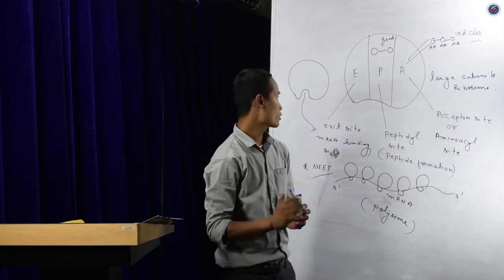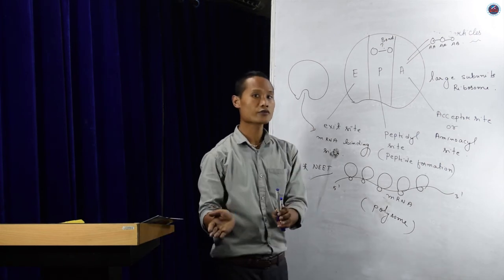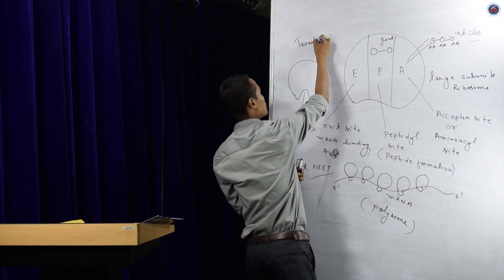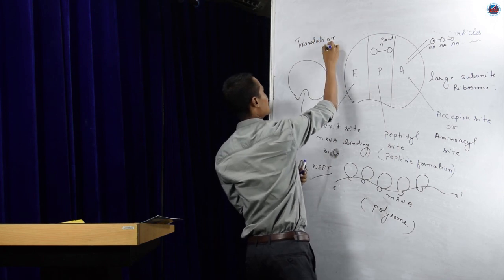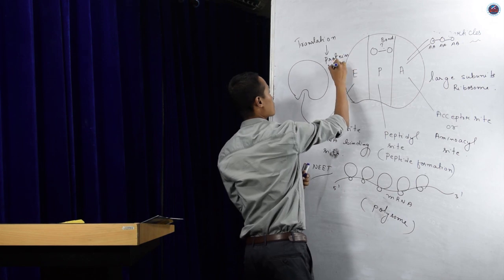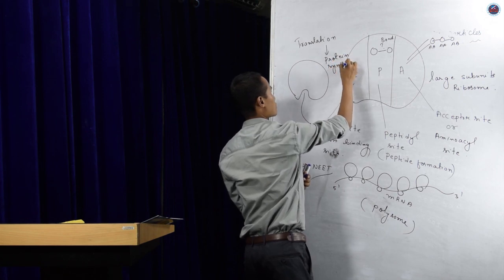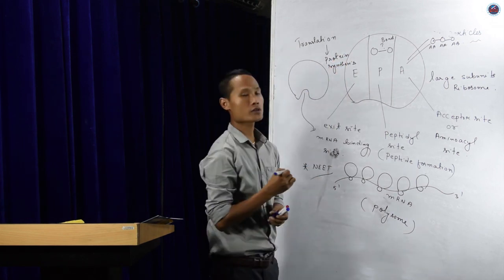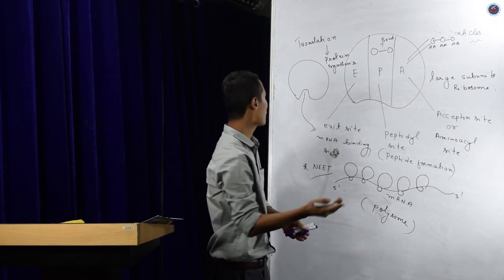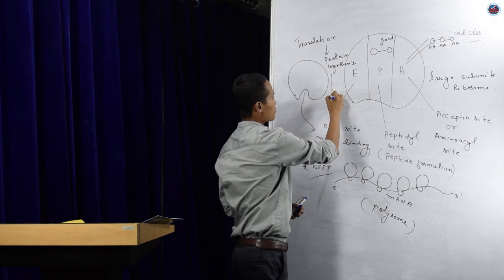Now, one thing you have to know is that for the process of translation, which means protein synthesis, we need magnesium ions.